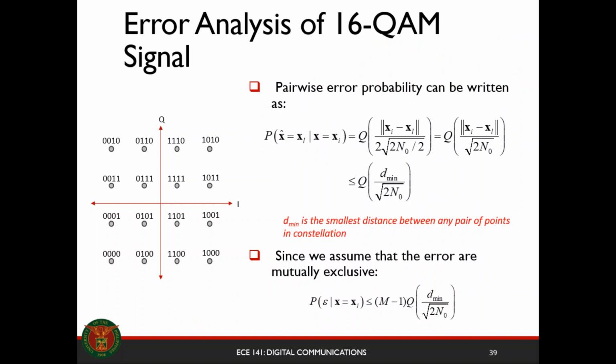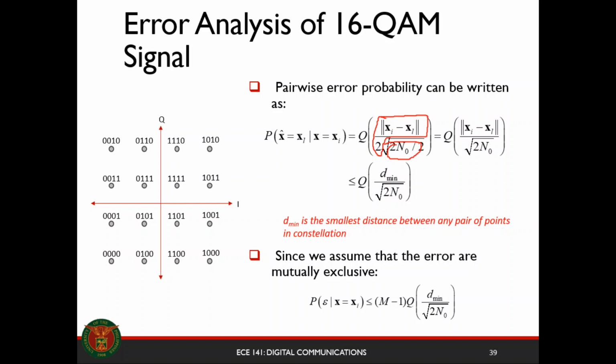So this can be rewritten like this. It's the Q of the distance between your x sub i and x sub l divided by 2, times the square root of 2 n sub o, and not divided by 2. So this is the distance of your x sub i from the decision boundary, and this is your noise power.